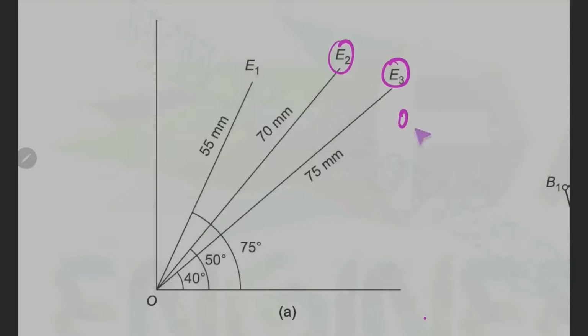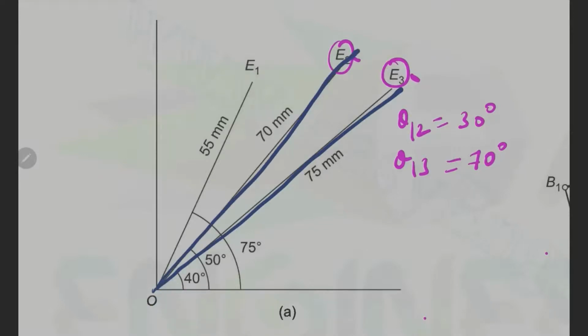We were given theta 12 and theta 13, right? So we have to rotate these E2 and E3, this line as well as this line, according to the given data. We will be rotating in the clockwise direction, that is this direction, by 30 degrees for theta 12, and theta 13 will be 70 degrees.